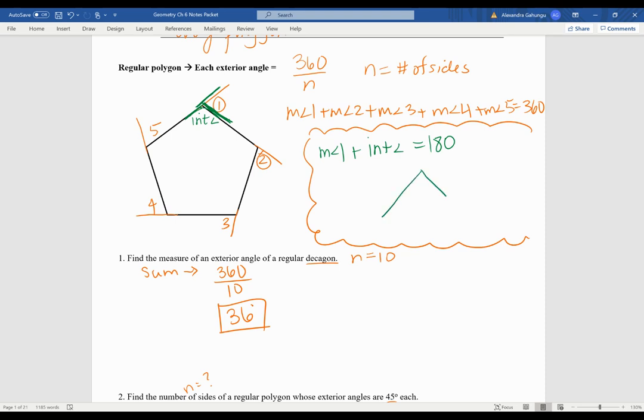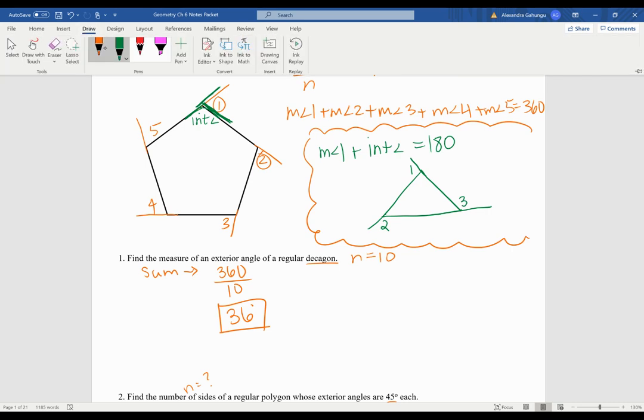So let's say we have a triangle. And I've got some exterior angles here that I'm going to draw in. So let's say this is angle 1, angle 2, and angle 3.